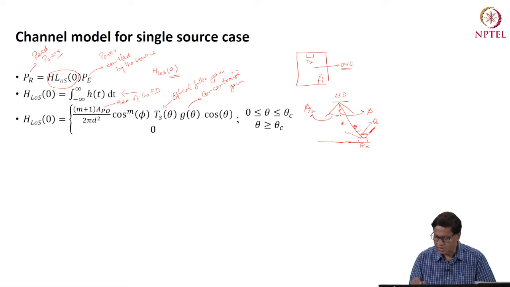Then cos theta is the angle the ray makes with the normal of the photodiode. This will have some value as long as theta is between 0 and theta c, and it will be 0 when it is greater than theta c. This is true for both sides. So theta c is shown here as the half FOV; otherwise the total FOV is 2 theta c. So this is the optical wireless transfer function.